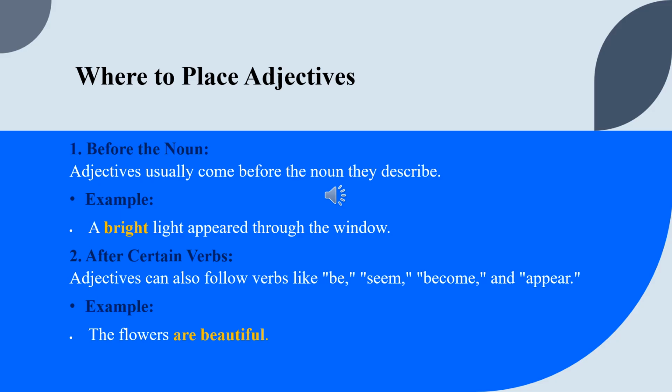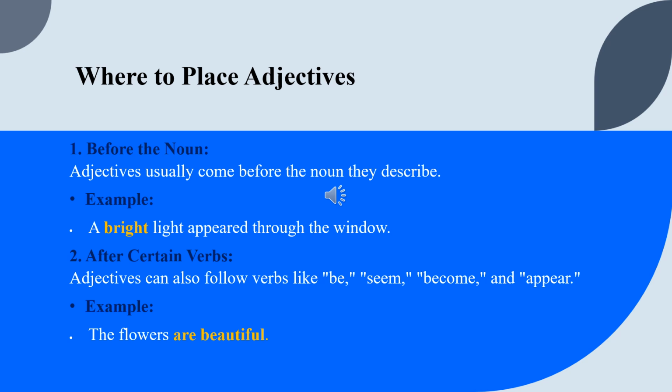After we know that adjectives add more information and make sentences more interesting, let's know where to place them. We place adjectives before the nouns. So they usually come before the nouns they describe.